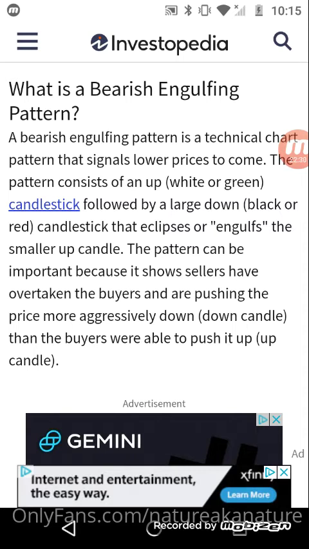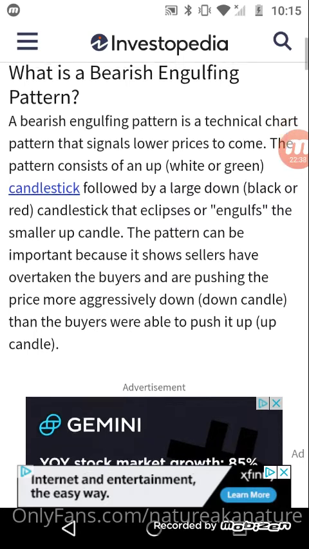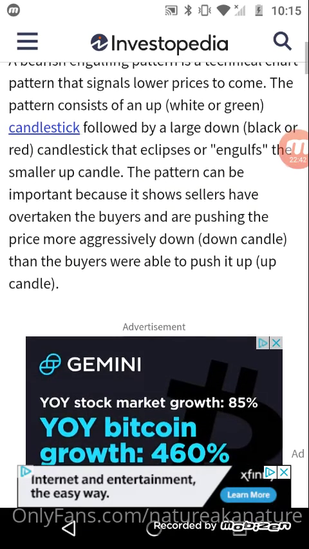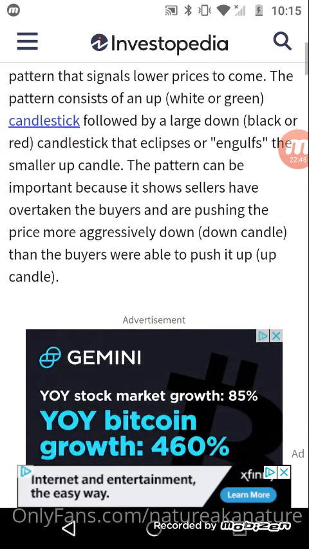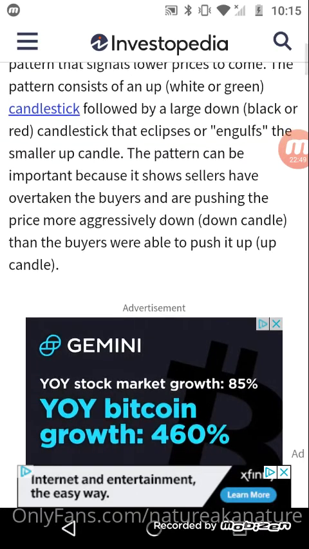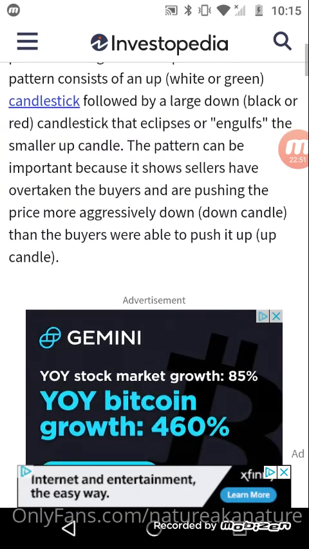The key takeaway is that the pattern can occur anywhere, but it is more significant if it occurs after a price event. After an uptrend you'll see a bearish engulfing pattern, and this could be an uptrend or a pullback to the upside within a larger downtrend.